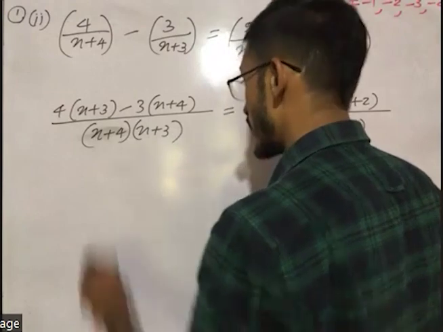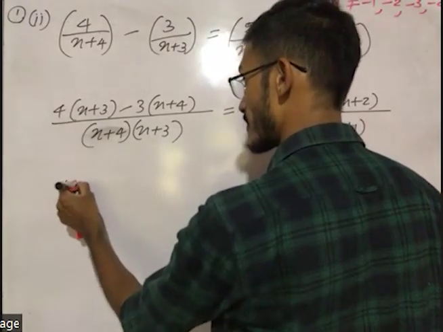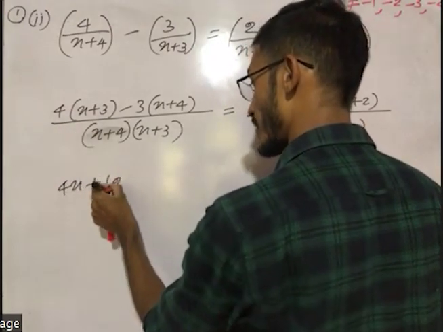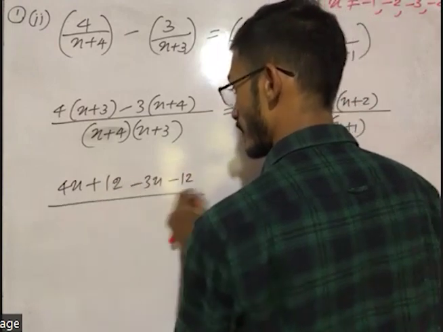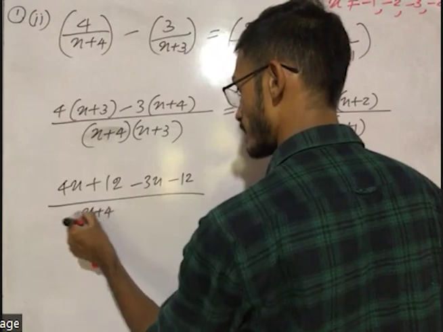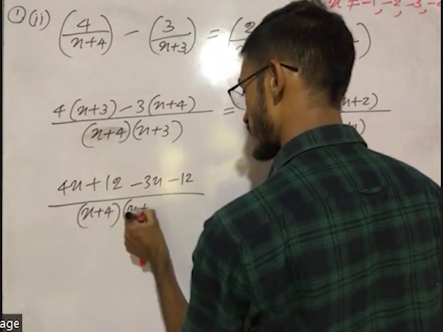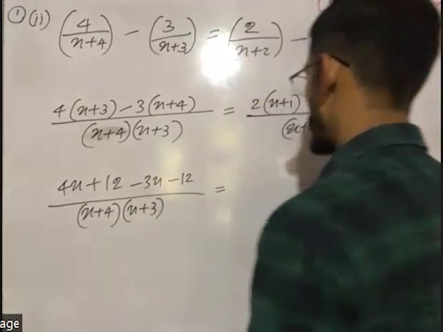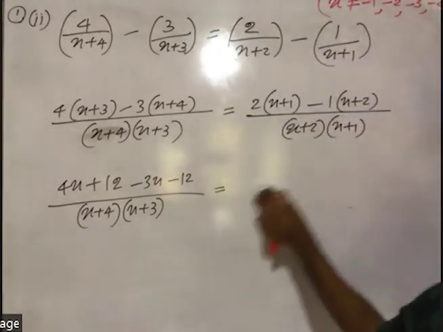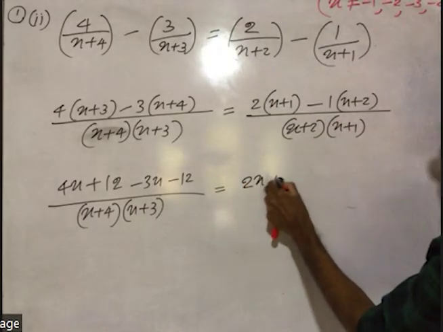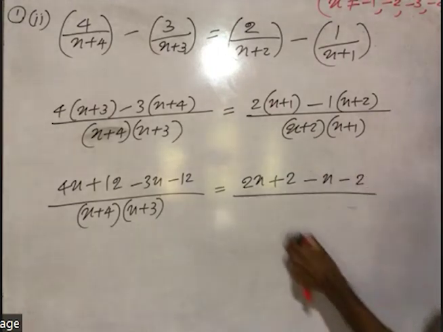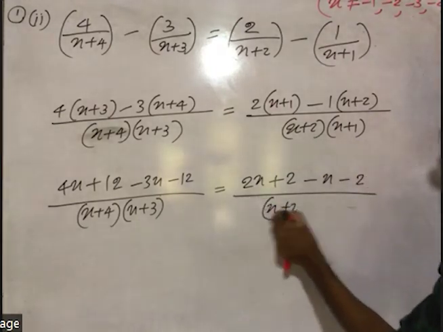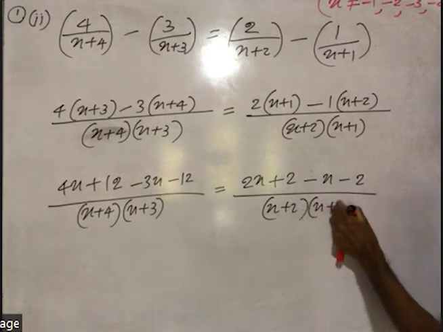simplify the brackets. Then we have 4x plus 4 into 3, 12 minus 3x minus 12 over x plus 4 into x plus 3. That is equal to, here we have 2x plus 2 minus x minus 2 over x plus 2 into x plus 1.